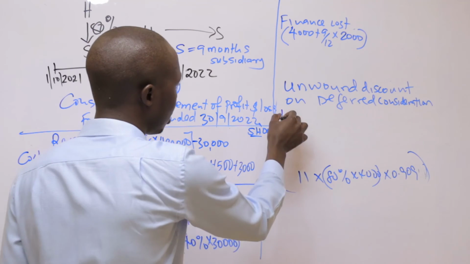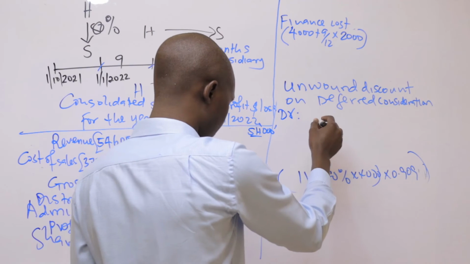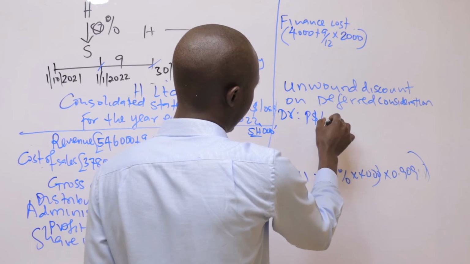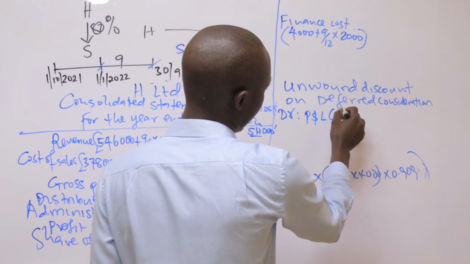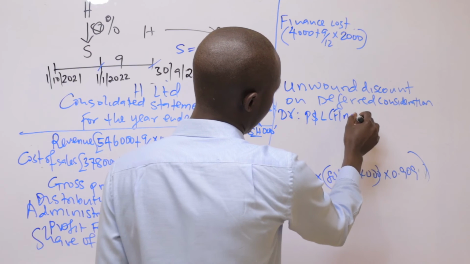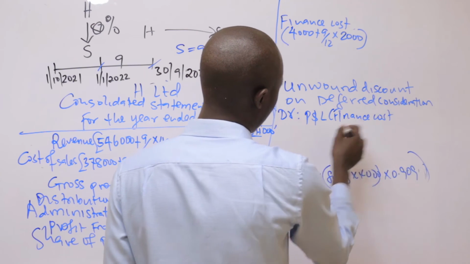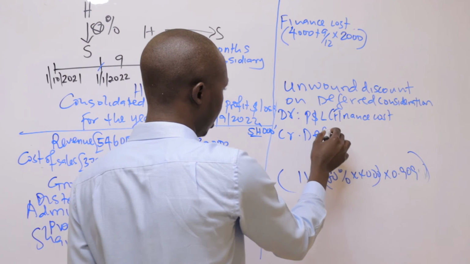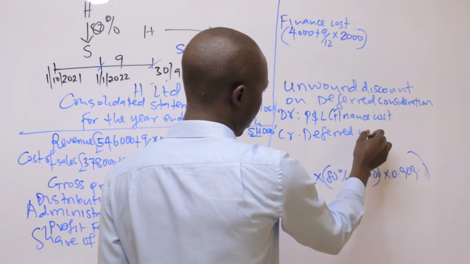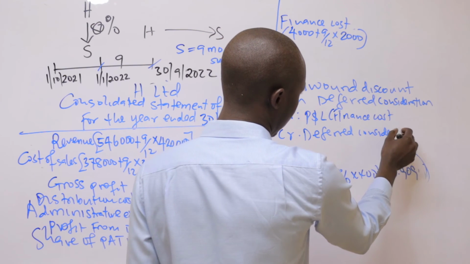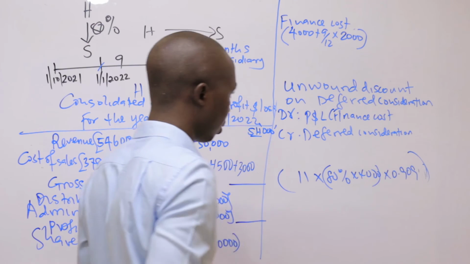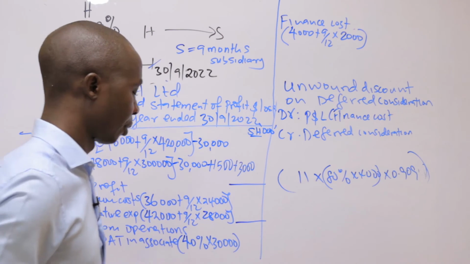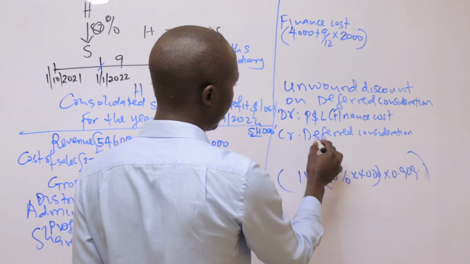That is debit P&L, finance cost. We credit deferred consideration, which is a current liability.